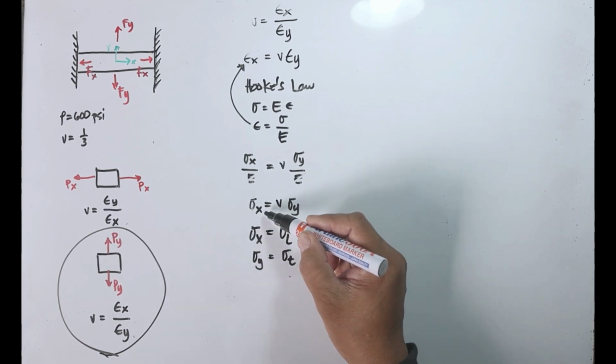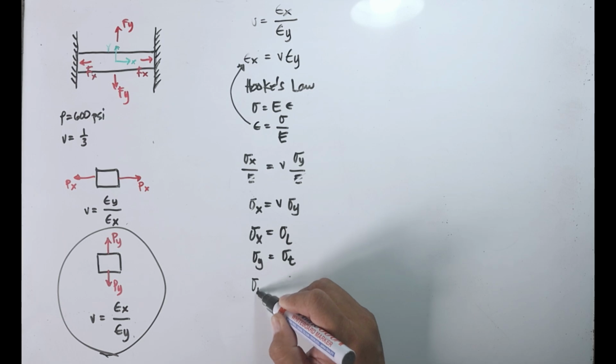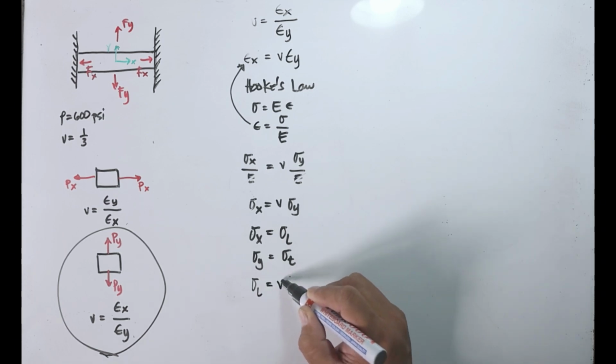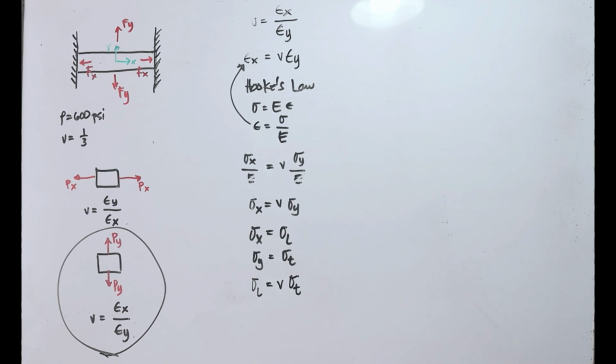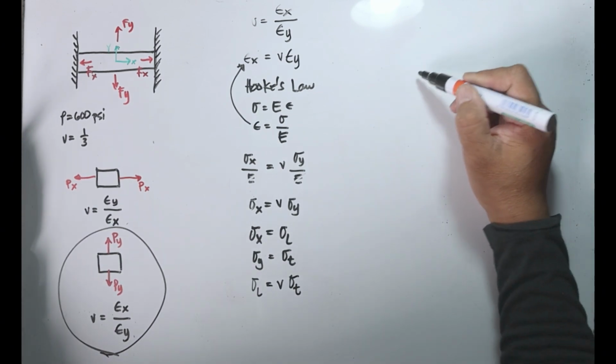So if we rewrite this one, then longitudinal stress is Poisson's ratio times the tangential stress. To be able to solve for the longitudinal stress, we need to solve first the tangential stress. And that tangential stress is caused by the bursting force Fy. So let's draw the free body diagram.